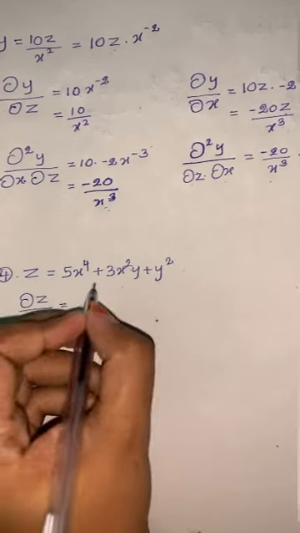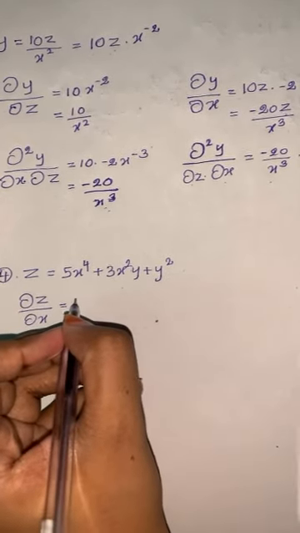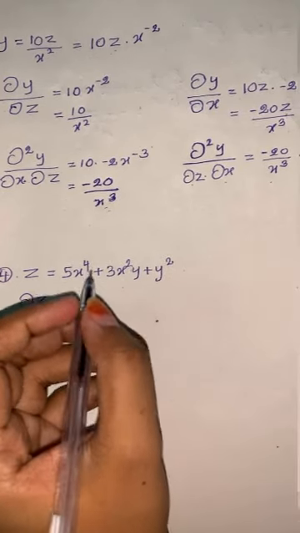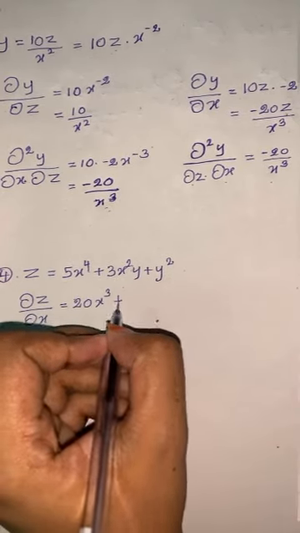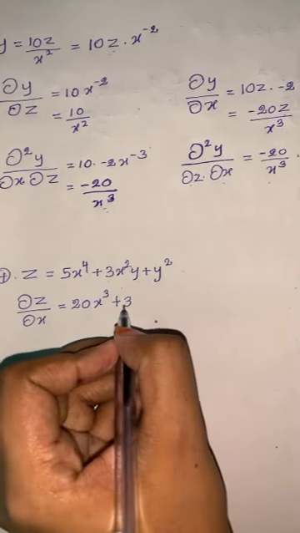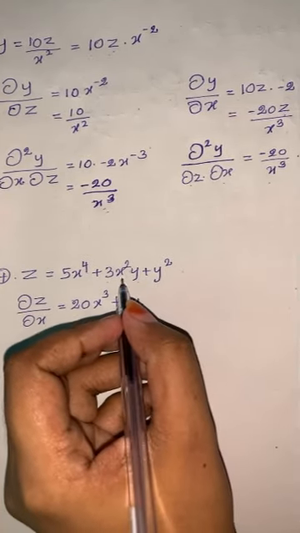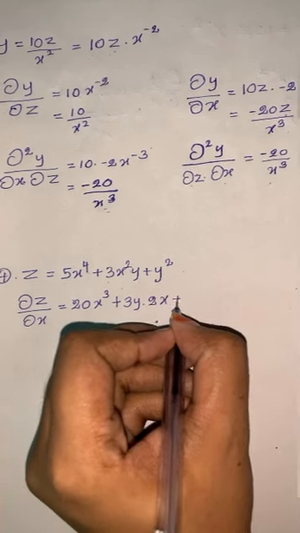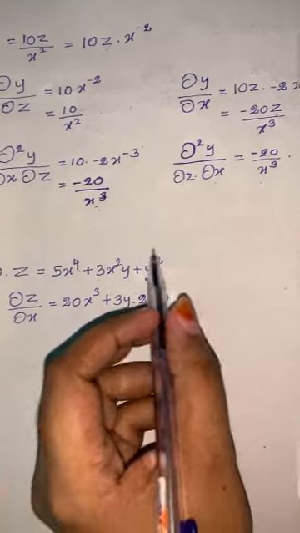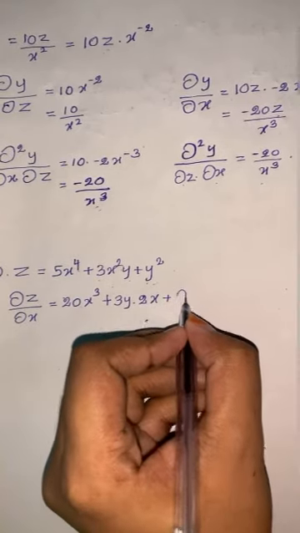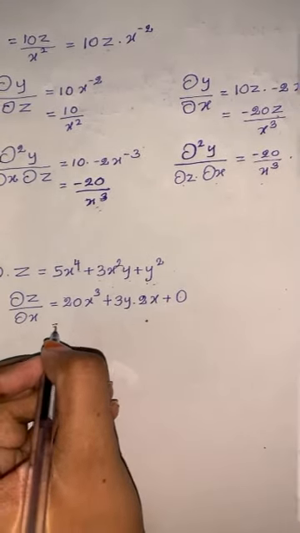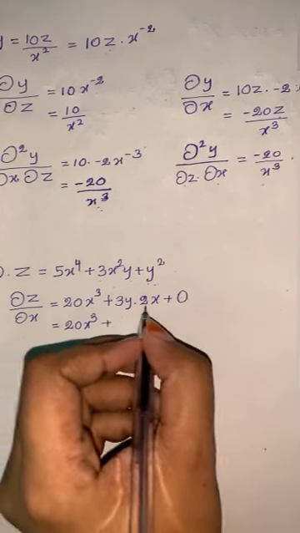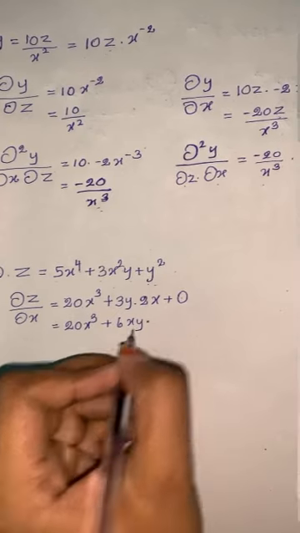Okay, so here we know how to do this differentiation. 5 into 4, 20 into x to the power 4 minus 1 is 3, plus here 3y is the constant. Differentiation of x to the power 2 is 2x, plus here y to the power 2 is a constant. So differentiation of a constant is 0. So the answer will be 20x to the power 3 plus 3 into 2, 6xy.